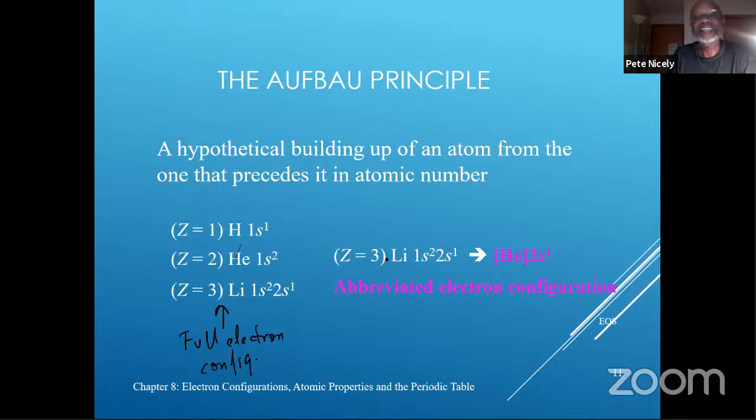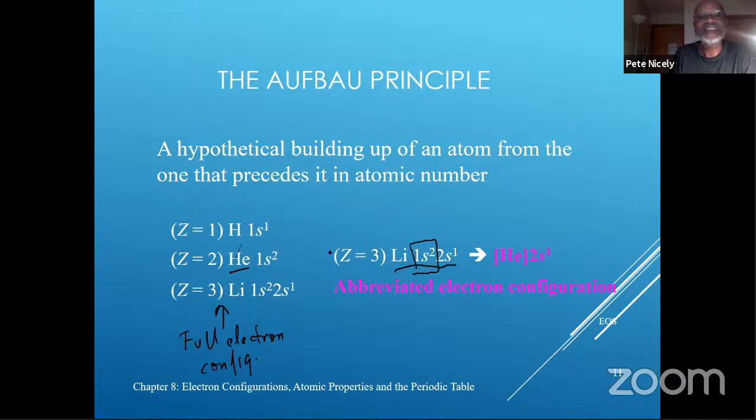Now, in the case of lithium, the electronic configuration, as we said before, is 1s2, 2s1. If you look at this configuration closely, you'll see that this part here, the 1s2, has the same configuration as the group 8 element that precedes lithium in the periodic table, which is helium.